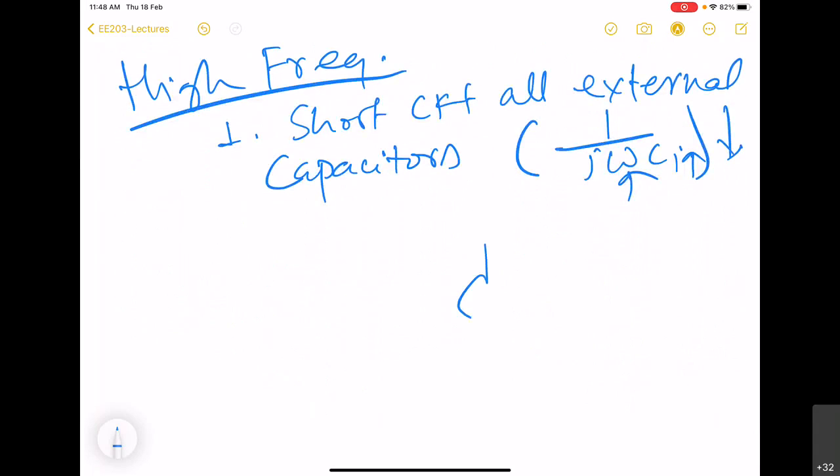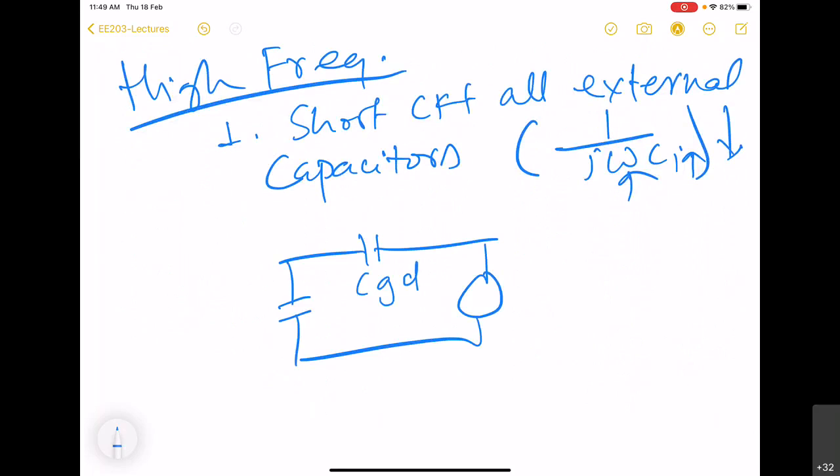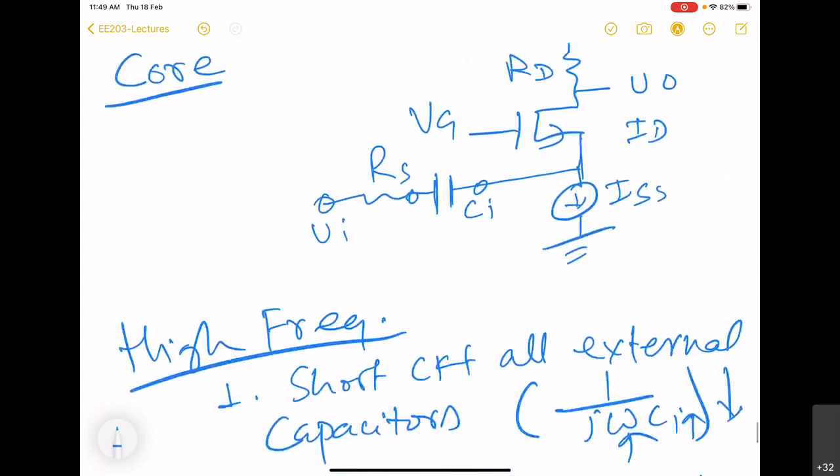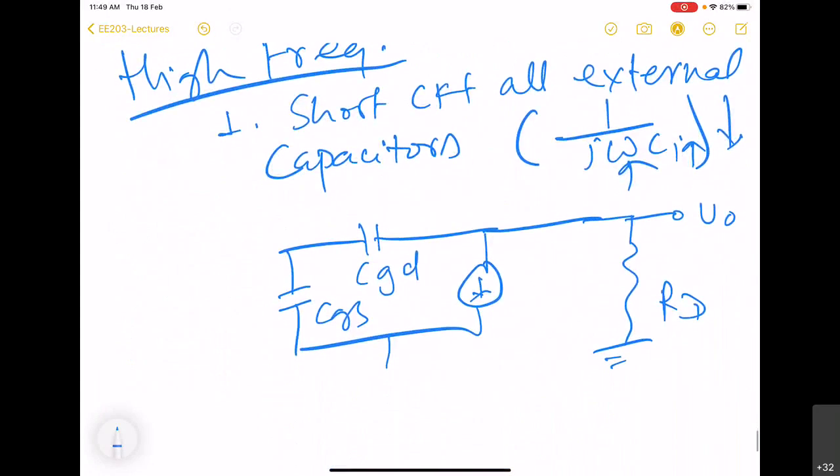So here, when we draw the small signal high frequency model, this is CGD, CGS. Then we have here RD, and this is gm VGS.